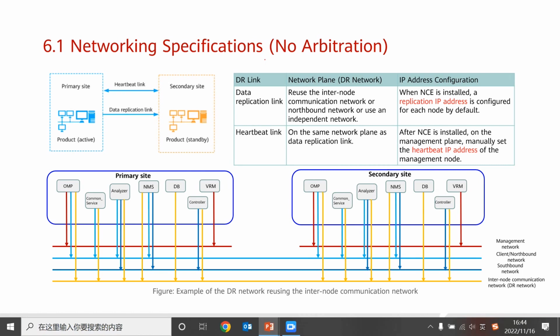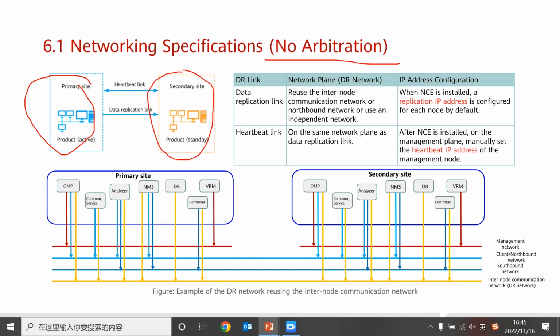For the no arbitration scenario, we only have two sides. For the data replication link, the network plane for the DR network reuses the internal communication network or northbound network, or uses an independent network. And the heartbeat link is on the same network plane as the data replication link.